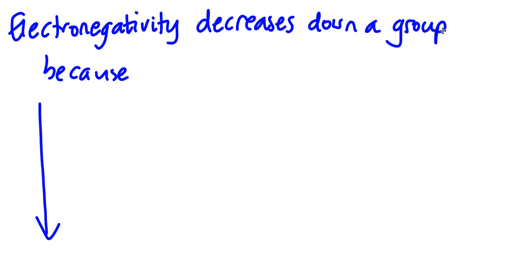Okay, so looking at how electronegativity decreases down a group, it gets less. Why? How are we going to phrase this? Imad? Give me a reason. Why does electronegativity decrease down a group?